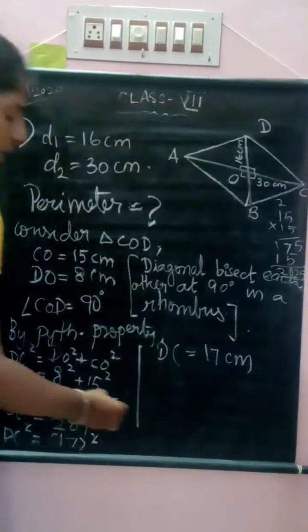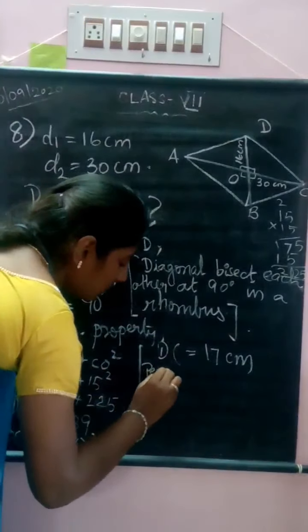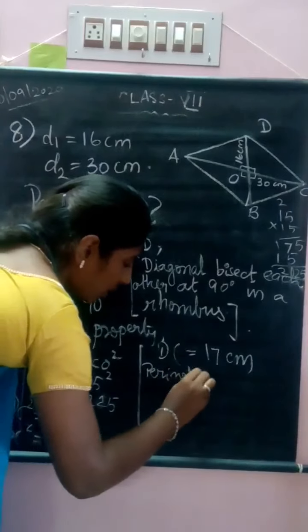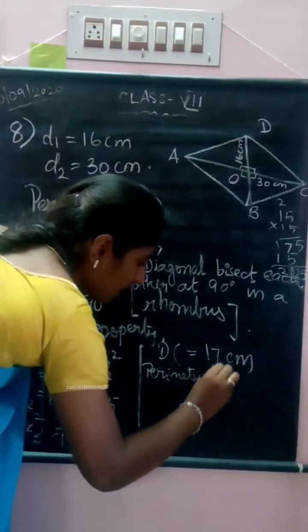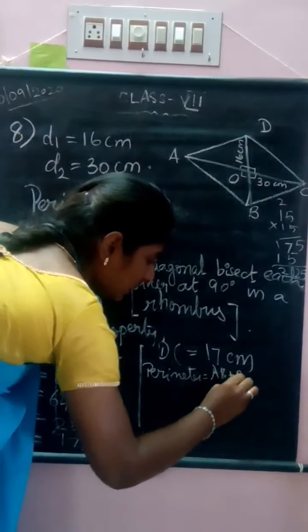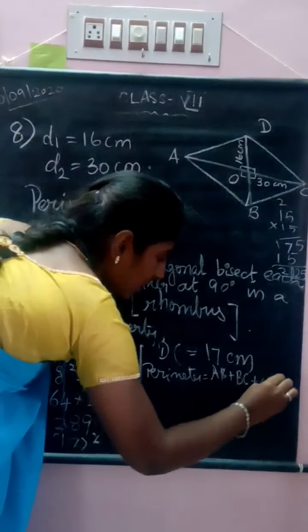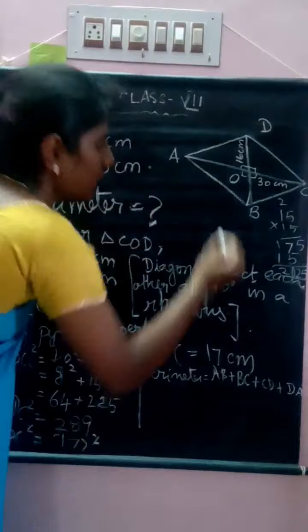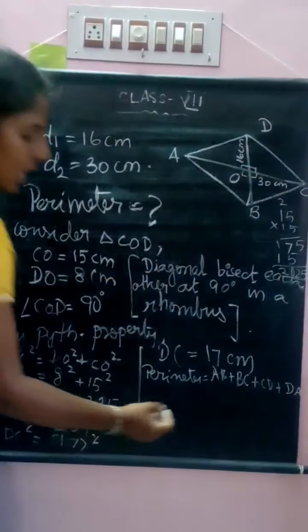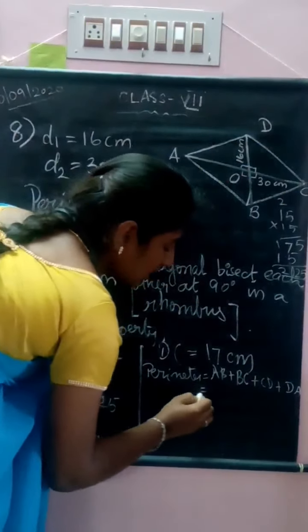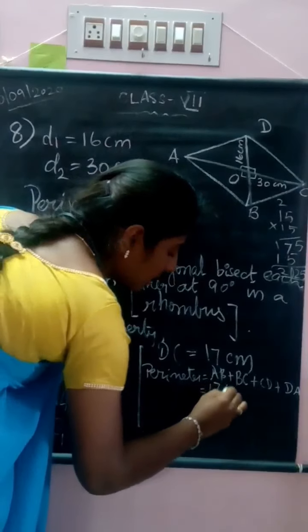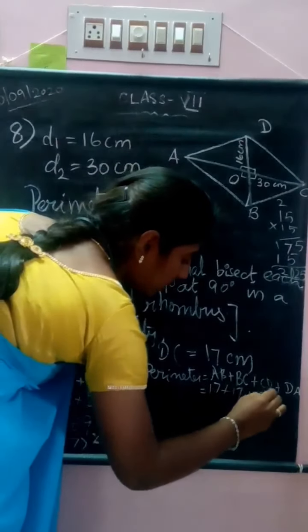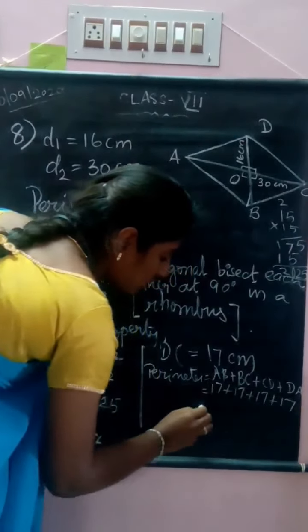Now perimeter is equal to AB plus BC plus CD plus DA. Yes or no? AB, BC, CD, DA. And that is equal to 17 plus 17 plus 17 plus 17. So why 17?